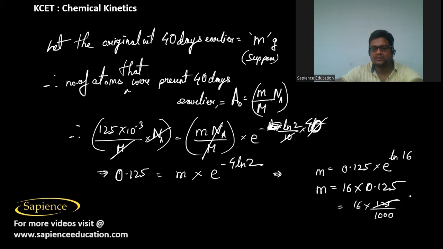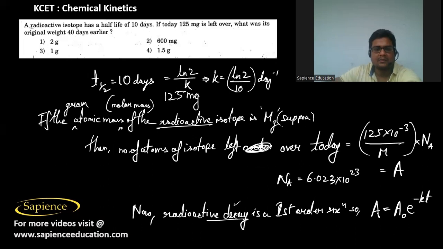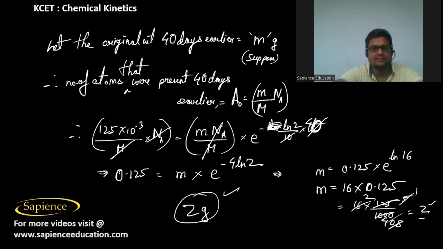So 25 5s are 125, 4s are 100, 5 8s are 40, so 8 2s are 16. So M equals 2. So the original weight of the radioactive isotope present 40 days earlier was 2 gram, and at present we have 125 milligram left over. So option 1 is the correct answer. 2 gram was the original weight 40 days earlier.